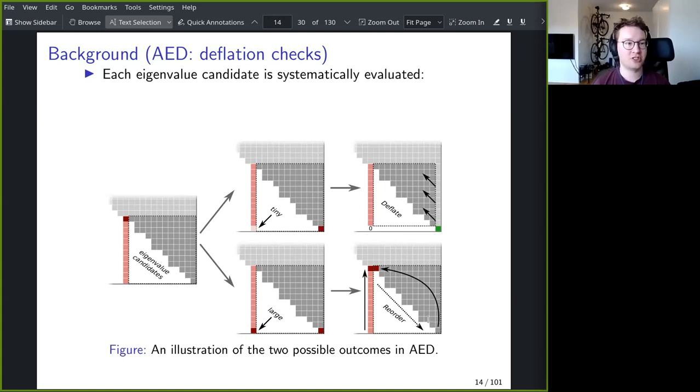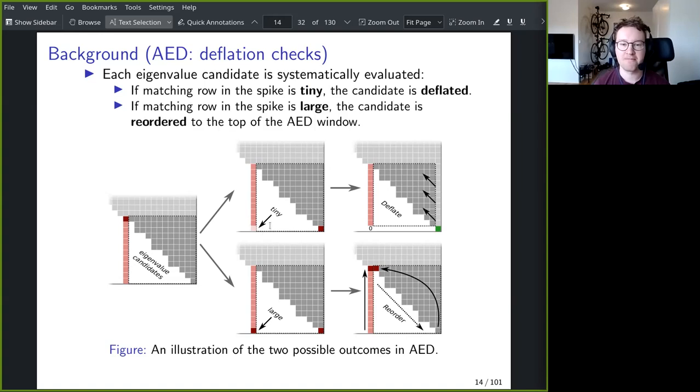In this way, we can systematically evaluate every single diagonal block in this AED window and see if we can set the corresponding element in the spike to 0 and thus converge an eigenvalue.